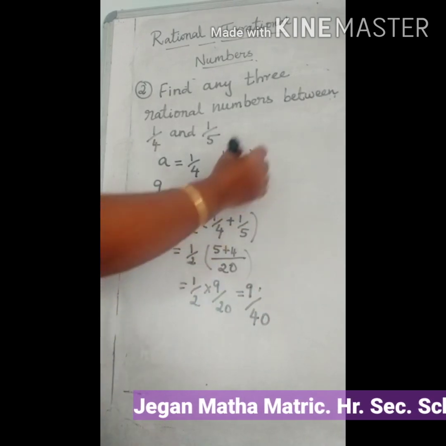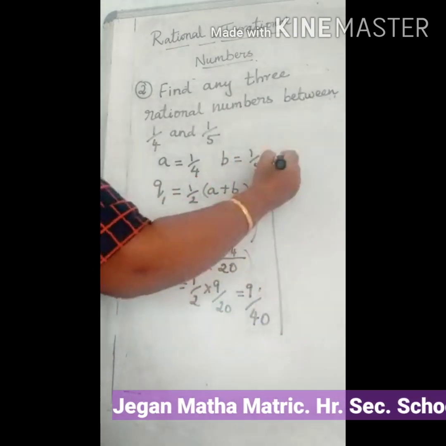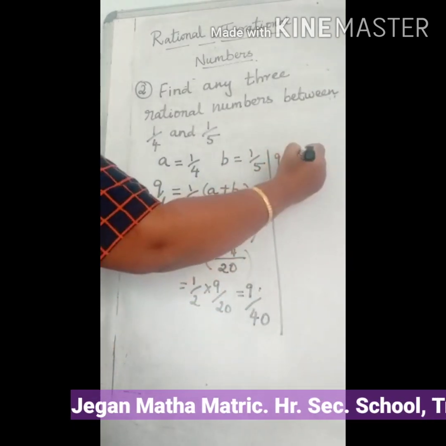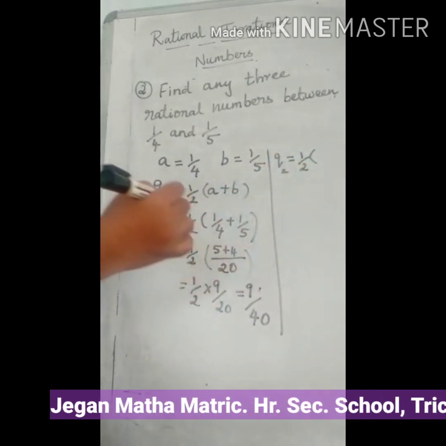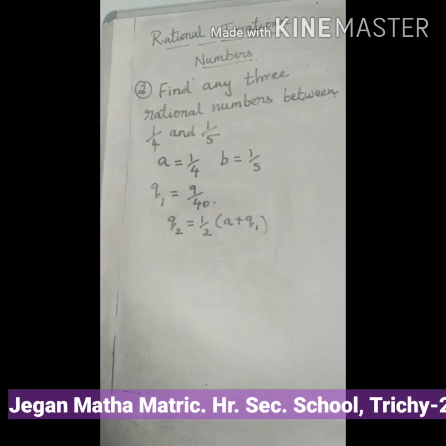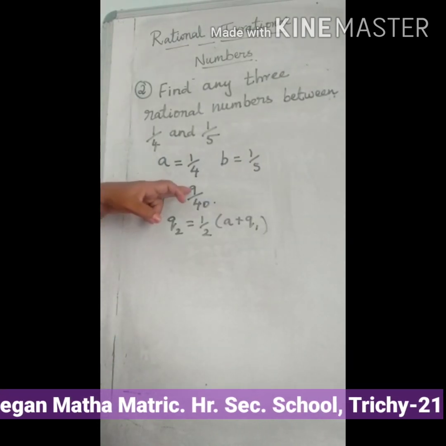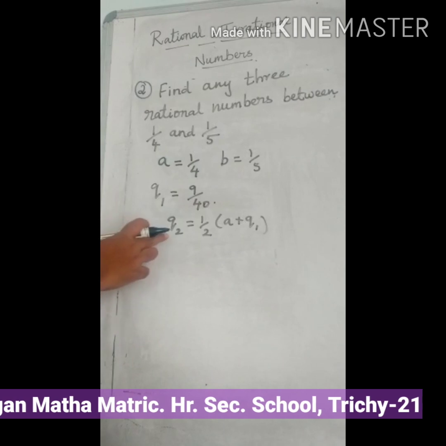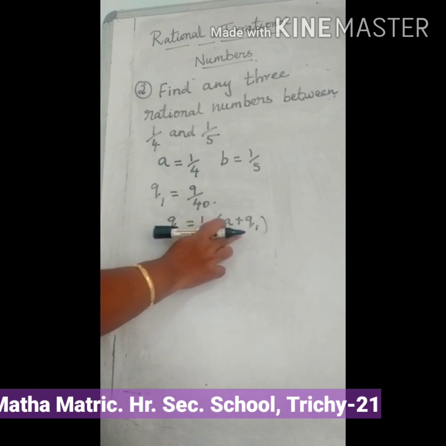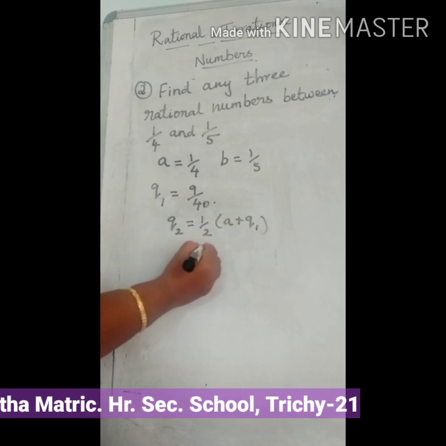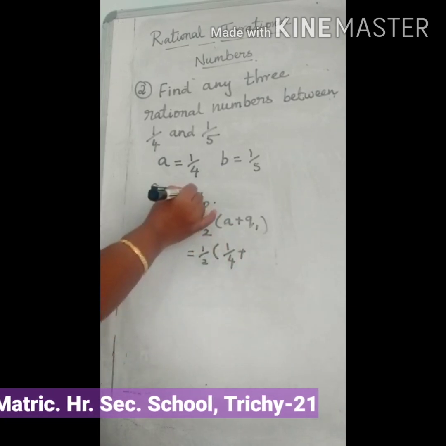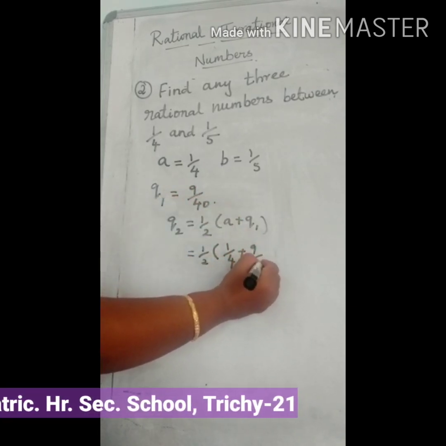In the same way, we have to find the second rational number Q2. Q2 is equal to 1 by 2 into (A plus Q1). Q1 is equal to 9 by 40. So we substitute 1 by 2 into, what is A? 1 by 4 plus Q1, which we already found as 9 by 40.